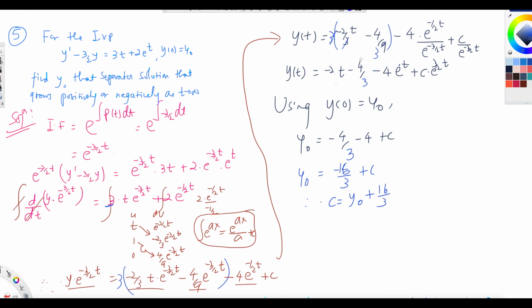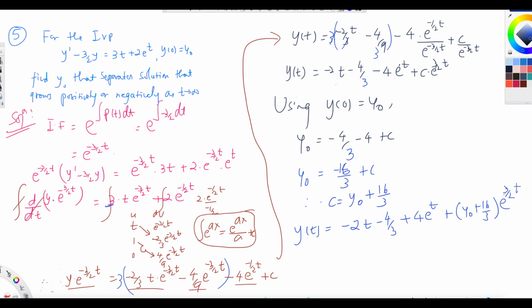So now what happens when t tends to infinity? When t tends to infinity, the highest exponent pulls all the solution to its side, right? So let me write down the final solution. y of t equals negative twice t minus 4/3 plus 4 e to the t plus (y0 plus 16/3) e to the 3 half t.